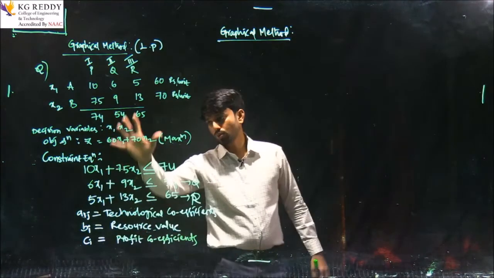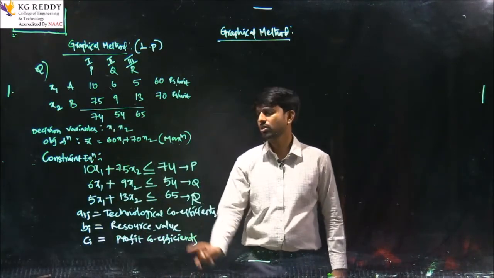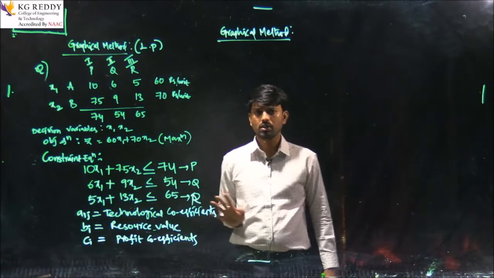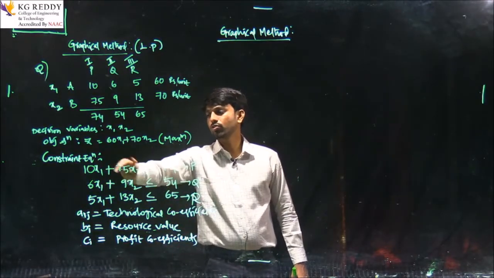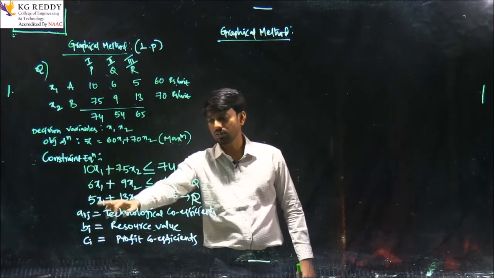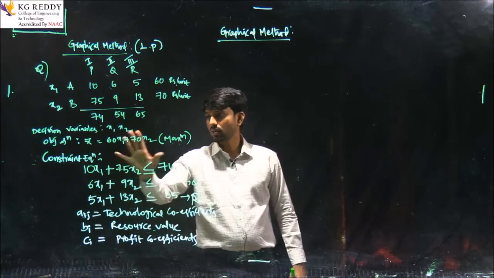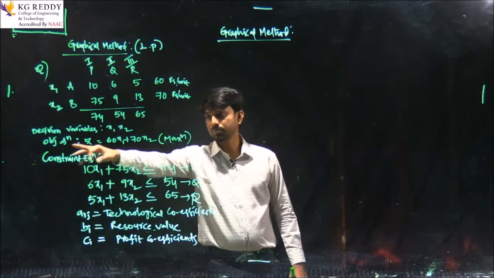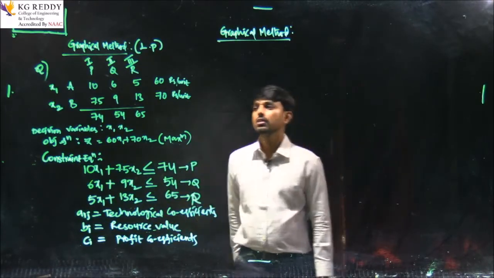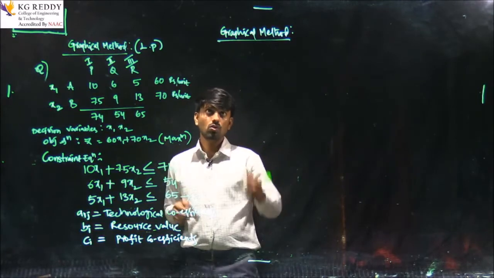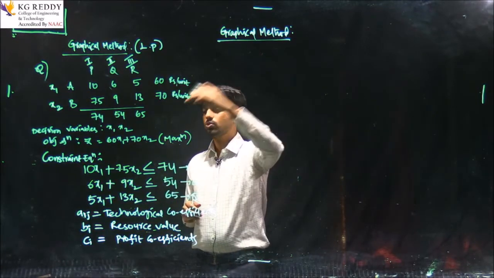So in the entire mathematical model, only x1 and x2 are variables, everything else is constants. The coefficients of the decision variables in the constraint equations are technological coefficients, and the coefficients of the decision variables in the objective function are profit coefficients. These are the standard terminology, and we will go for the graphical method to solve this.